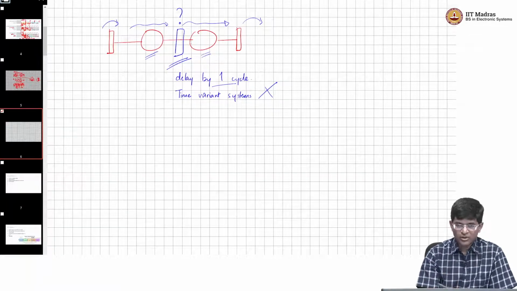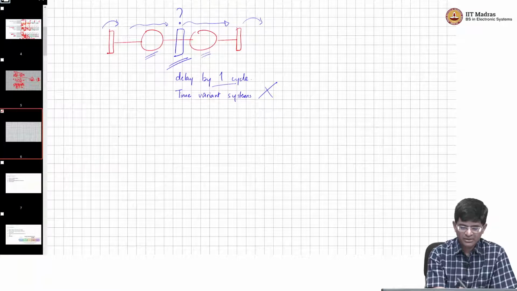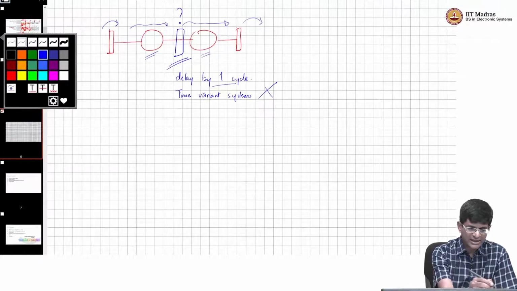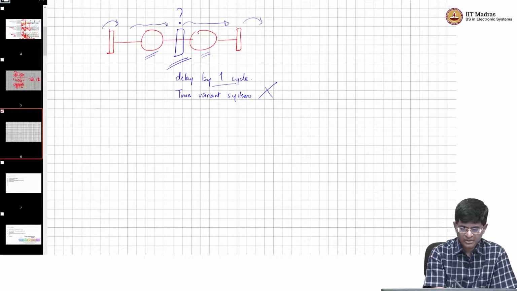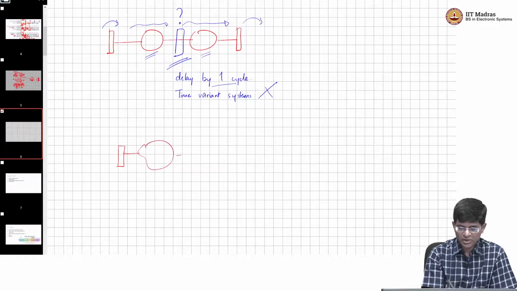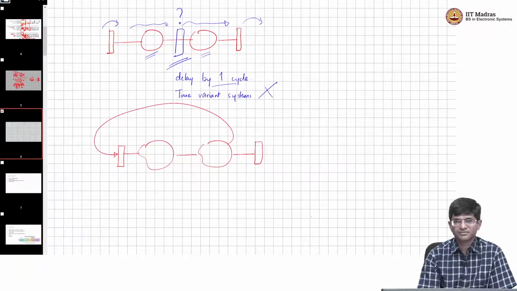Now, that sounds good, right, but what if I had a circuit that looked something like this, where let us say I had some combinational logic out here, but in addition I also had something which basically went from here and went back to this point, okay.